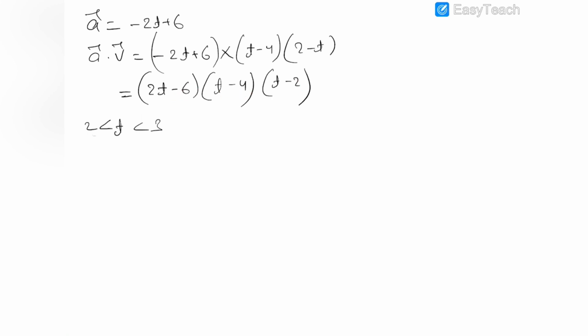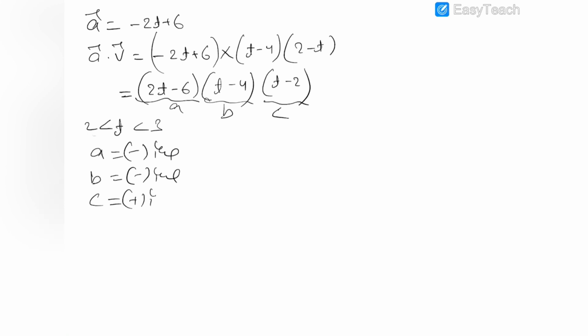So in time between 2 to 3 seconds, let's suppose this is A, this is B and this is C. So A will be negative, because this is 0 at 3 seconds, so before 3 seconds it would be negative. B is also negative, and C is positive, which means that a dot v is positive and hence it is acceleration in this period.